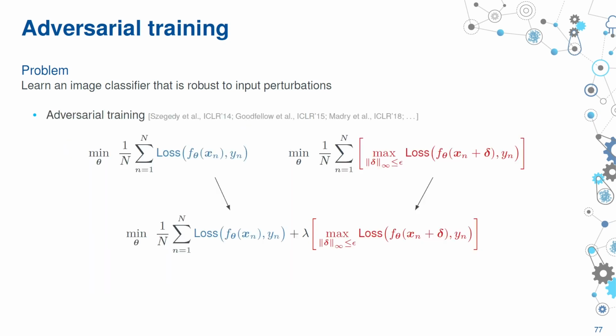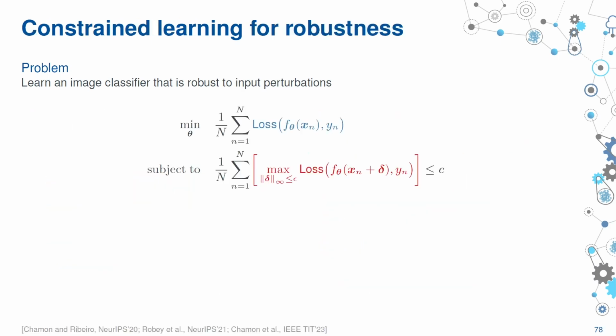Every time you change the data or change the losses, you have to go and retweak what lambda is. This is the thing that we don't like about this formulation: it requires a lot of re-engineering every time. So we landed on this better idea, which was to use constrained learning to achieve that trade-off.